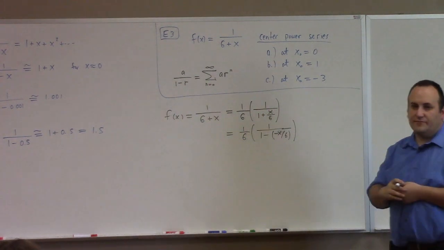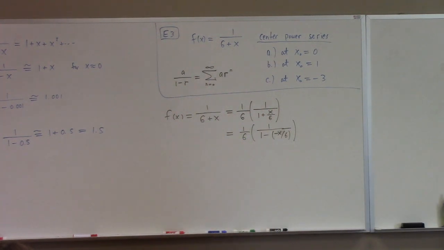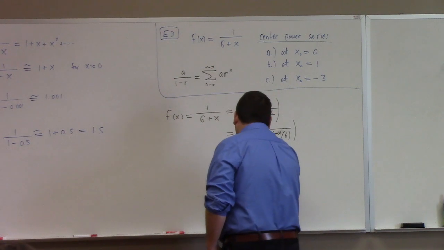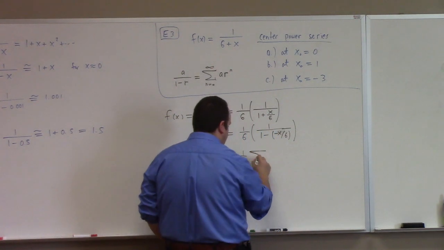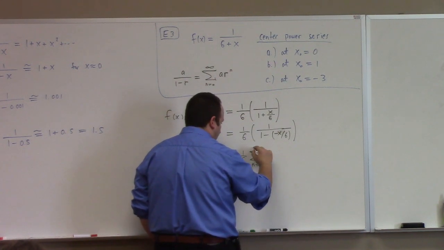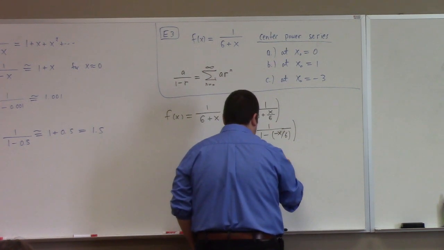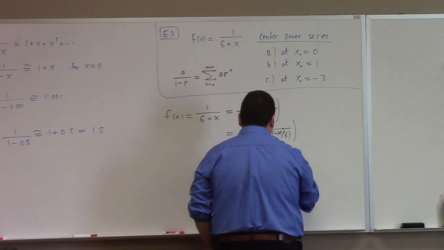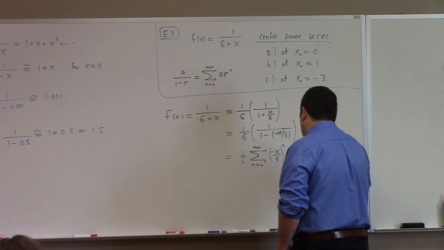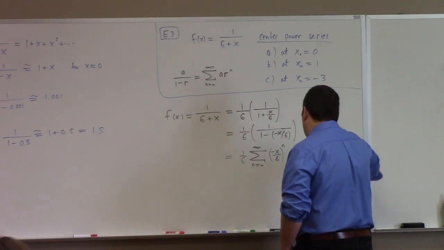Why am I doing this? Just so I can apply the geometric series result, right? I have to match up with 1 over 1 minus r, or a over 1 minus r, in order to use the geometric series result. So this is then what? This is 1/6 times the sum, n equals 0 to infinity, of minus x over 6 to the n power, which I will reformat as, tell you what, I'll bring the 6 inside.